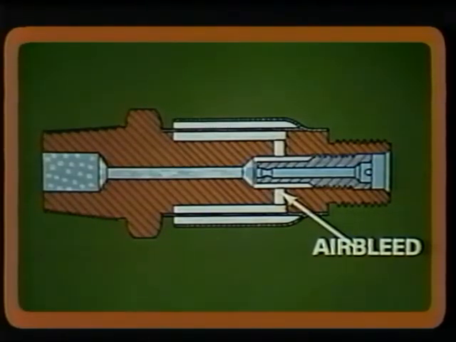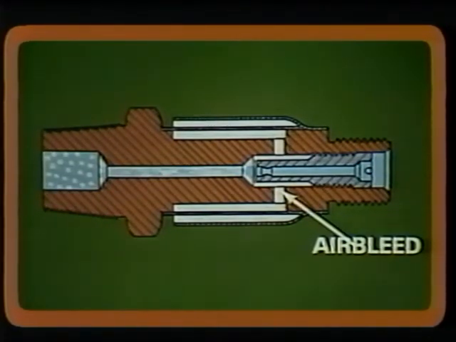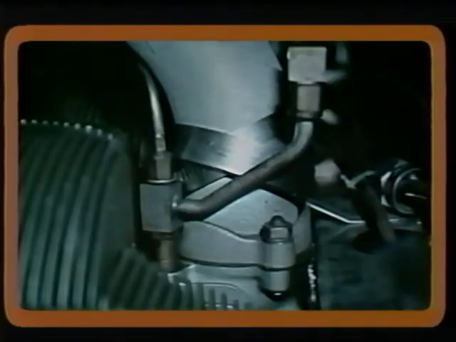An air bleed hole is also incorporated into each injector nozzle to help atomize the fuel as it is sprayed into the intake valve chamber. Turbocharged engines use the same type of injector nozzles as normally aspirated engines, except the shroud that encloses the nozzle is connected to the turbocharger discharge, or as it is properly called, the upper deck pressure.